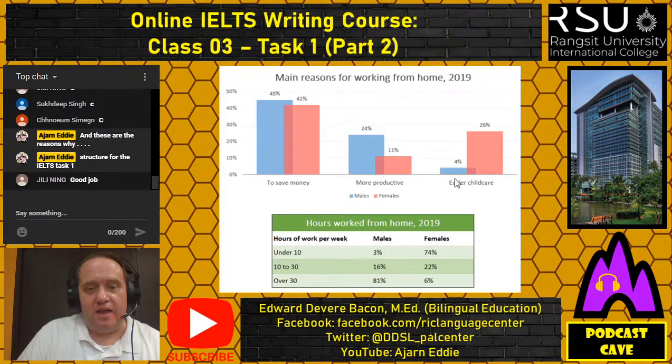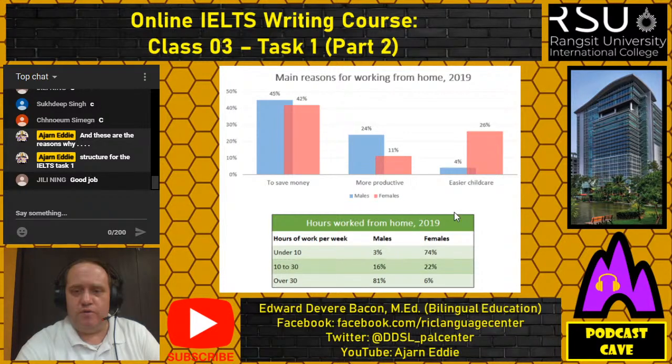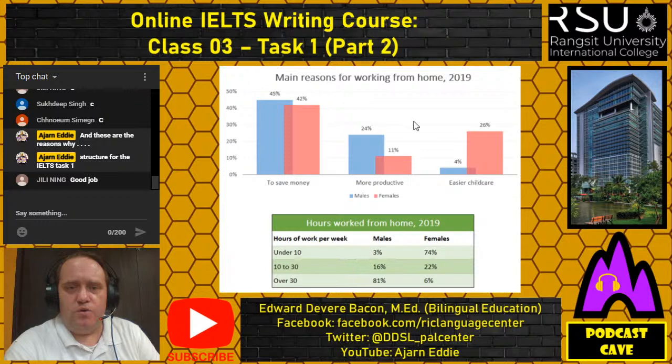Okay, so most of the people want to save money, and then they want easier, and for females they want easier childcare. So look here. It looks like the reasons for working at home are more important for women or females in terms of childcare. It looks like the men don't really care. But yeah, for both male and female, the reason that they work from home is to save money.